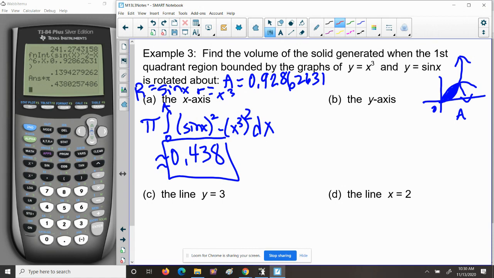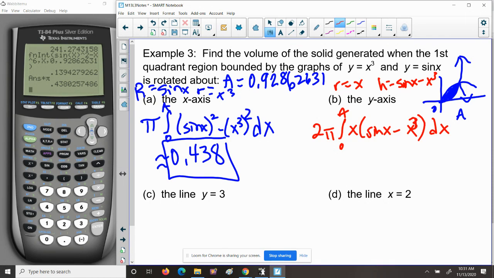If we're going around the y-axis, that is a shell method problem. We need the radius, which would be x, the height, upper minus lower, would be sine of x minus x cubed. So we have 2 pi, since it's shell method, times the integral from 0 to a of x times sine of x minus x cubed.